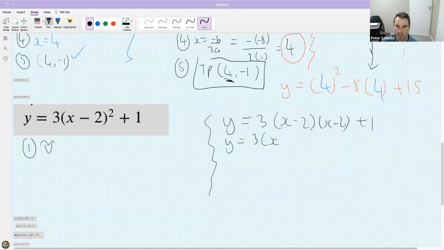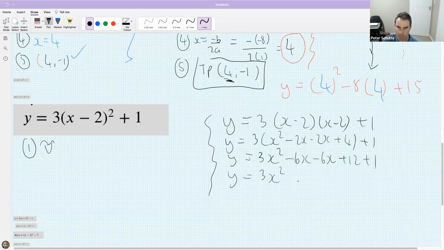I would probably leave the 3. I would probably do this step. That would be the little bit of extra tax you have to pay if you want to go into standard form. But you can also see it's the same 3.